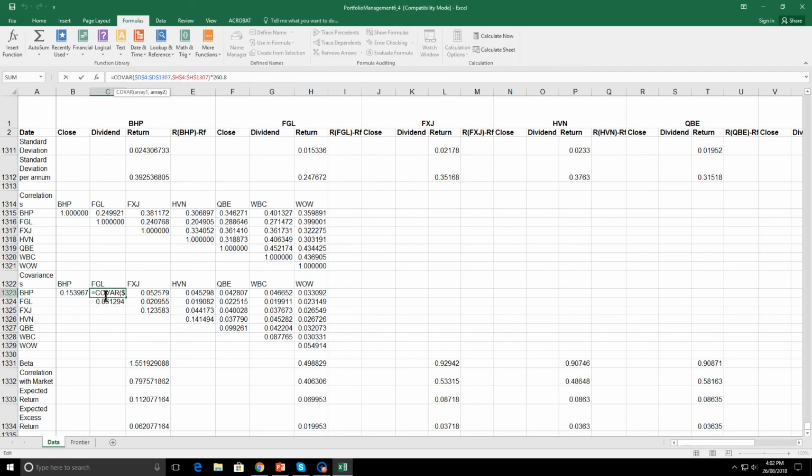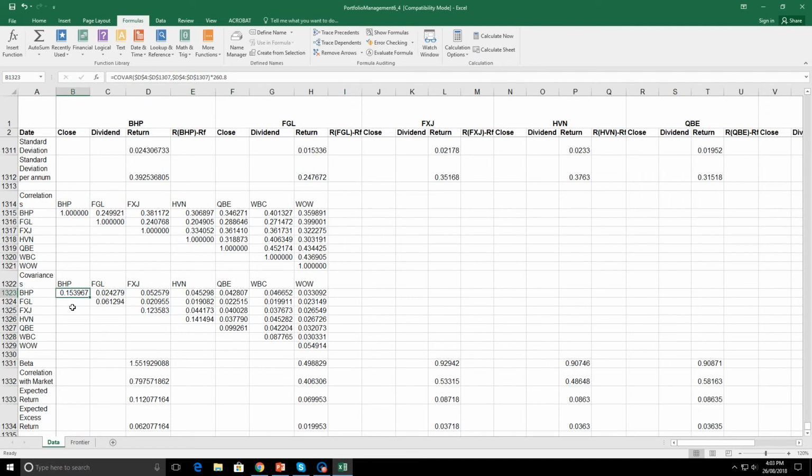For example, in this case, we are calculating the covariance between BHP and Foster's Group. This part is the return from BHP, and this part is the return from Foster's Group. And we multiply it by 260.8 to get annualized covariance. Okay, so each of these cells indicates the covariance or the co-movement between a pair of stocks.